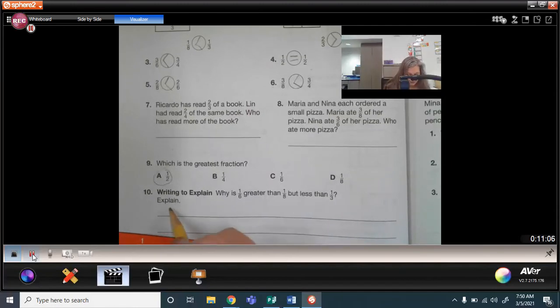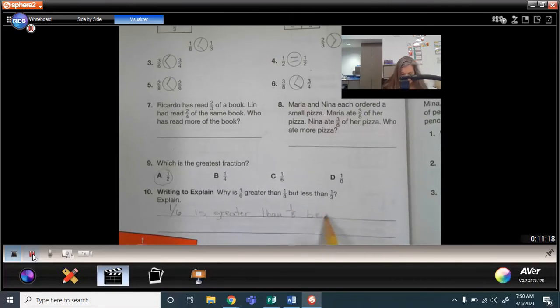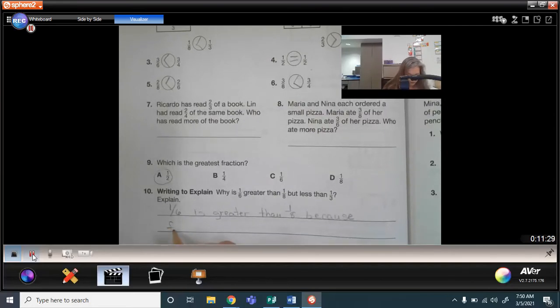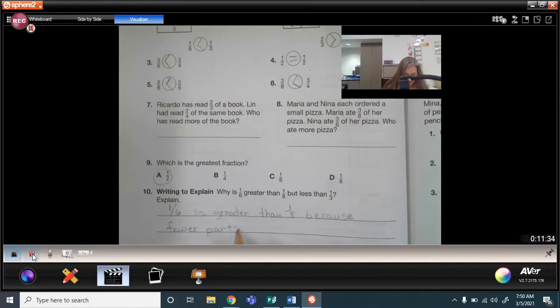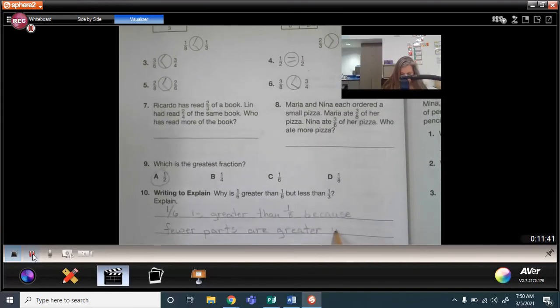So you can say 1/6 is greater than 1/8 because, and remember I asked you to model, so you can use your other paper to model this, because fewer parts are greater in the denominator, right?